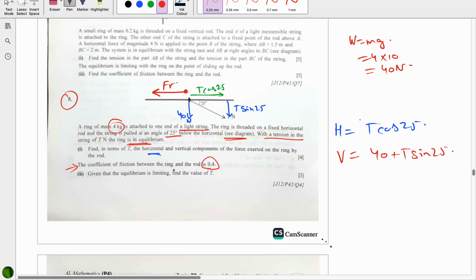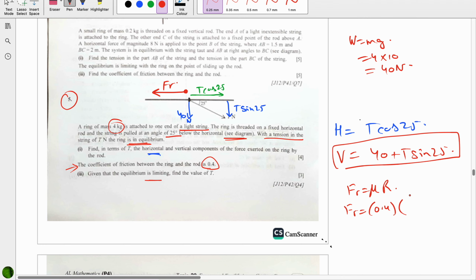The coefficient of friction between the ring and rod is 0.4. Given that the equilibrium is limiting, find the value of T. So now we can say friction equals mu R. The frictional force is unknown. Mu is given, that is 0.4, the coefficient of friction. R is basically the contact force. So the contact force in this case is 40 plus T sin 25.